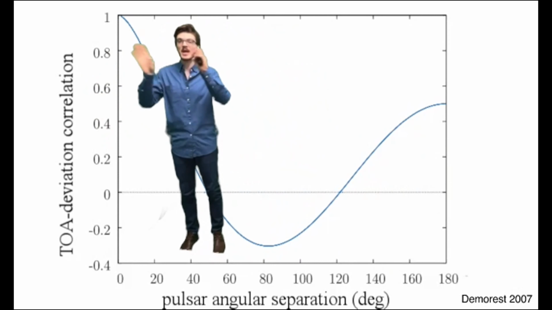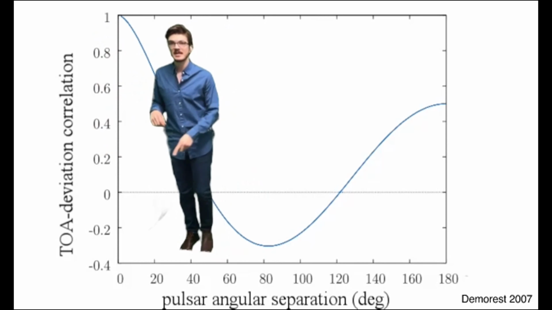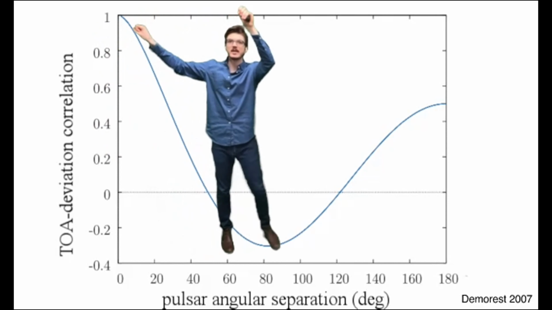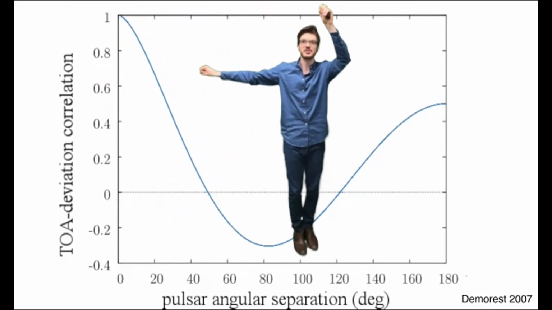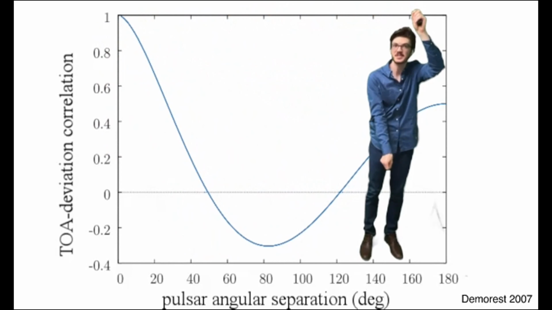So compare any pair of pulsars that you're observing and see how their pulse times of arrival are changing, and that gives you a value on the y-axis. And on the x-axis is the angular separation between a pair of pulsars on the sky from 0 degrees to 180 degrees, which are pulsars that are on opposite sides of the sky.